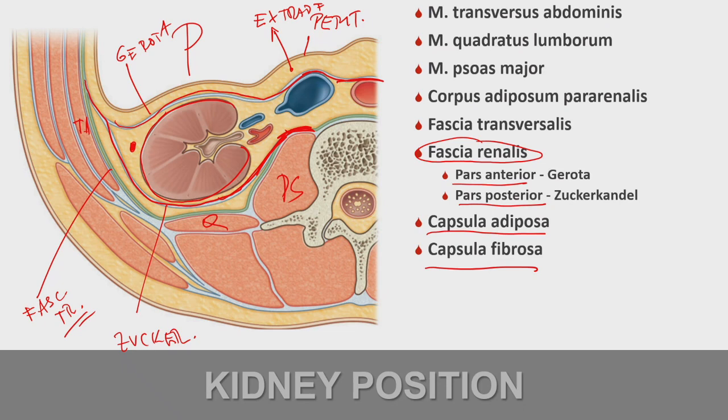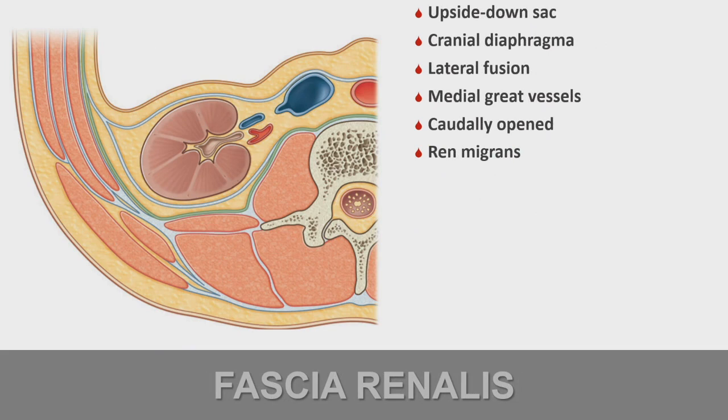This is a very important aspect which has its consequence. The fascia renalis forms a sac which is closed at the top because there is the diaphragm, and it makes two sheaths, anterior and posterior, with the kidney inside.